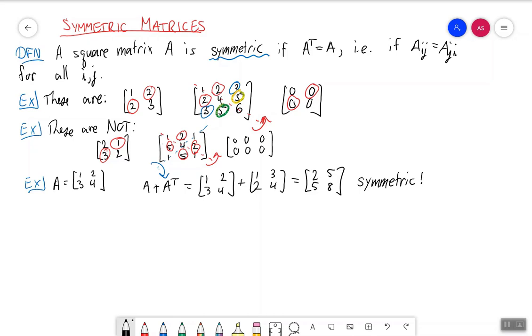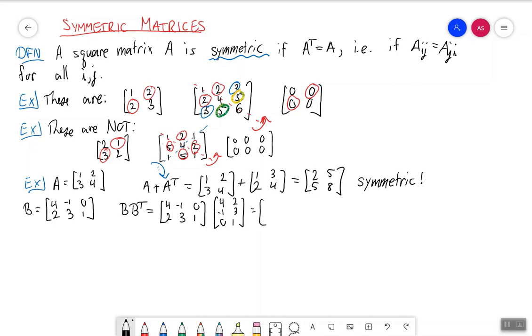Now let's look at this matrix B, and I in particular want to compute B times B transpose. When I do that, I have 4, minus 1, 0, 2, 3, 1 times 4, 2, minus 1, 3, 0, 1.